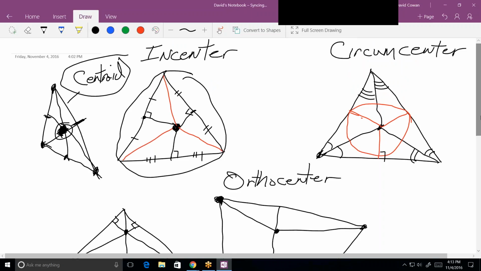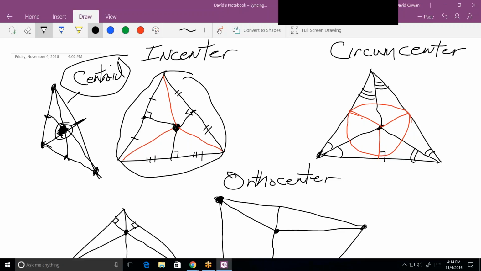And there are properties to some of these that we haven't talked about. The most important property of the circumcenter, this one here, is that it is equidistant from the vertexes, which allows you to draw a circle around the triangle and have all three vertexes on the edge of the circle.